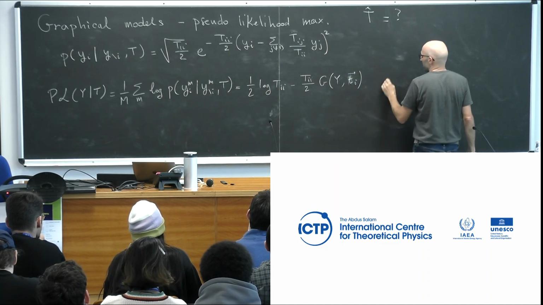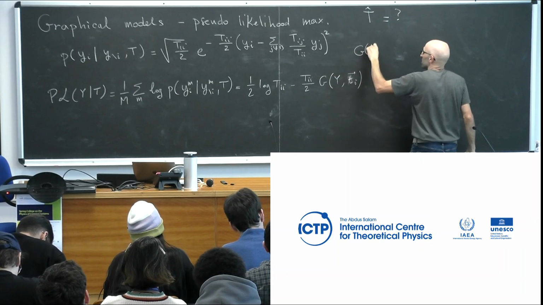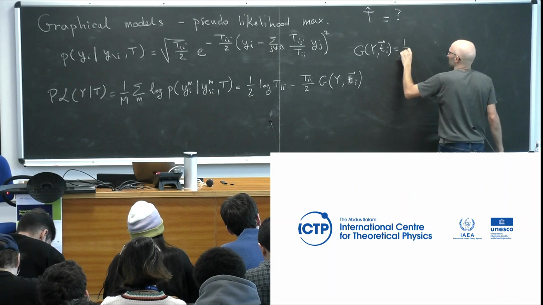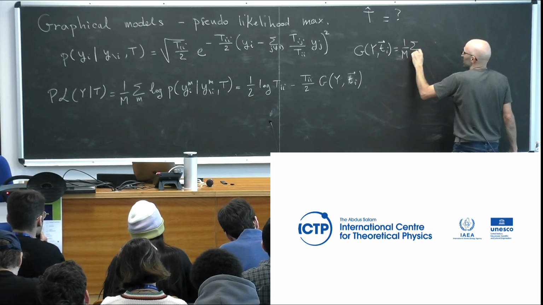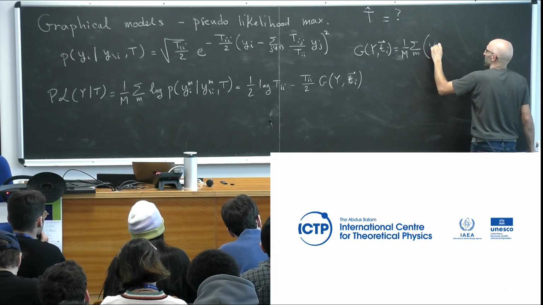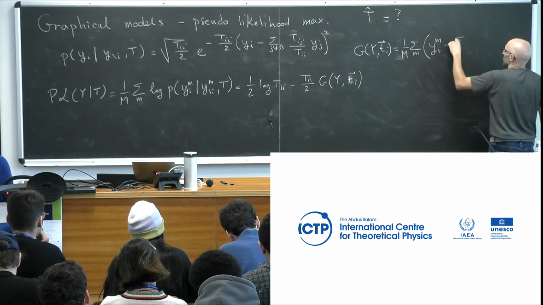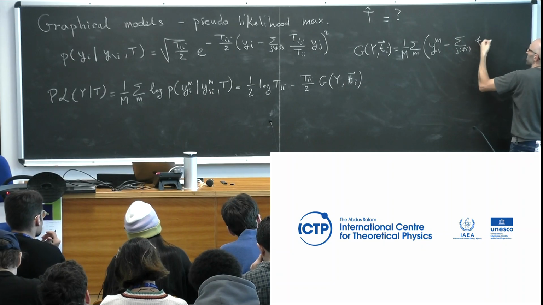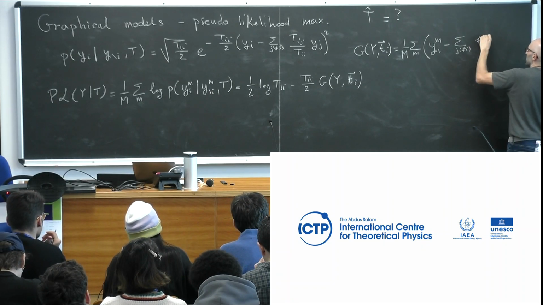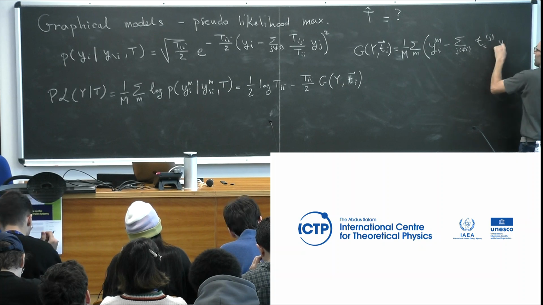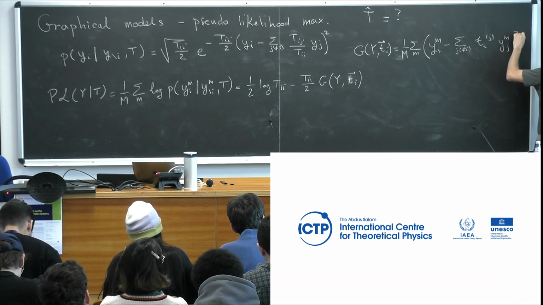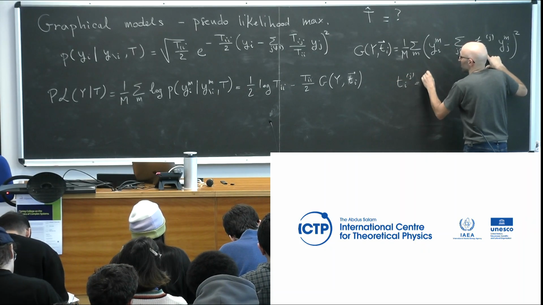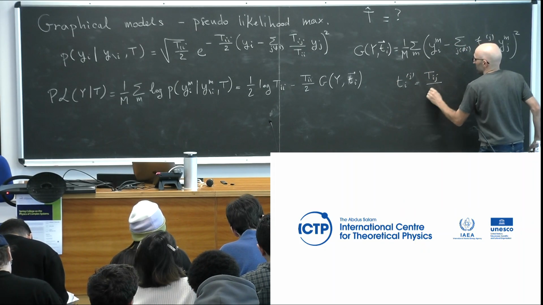So g is 1 over M times the sum over the data of y_i^m minus the sum over j different from i of T_ij times y_j^m, squared. And this T_ij is given by T_ij divided by T_ii.